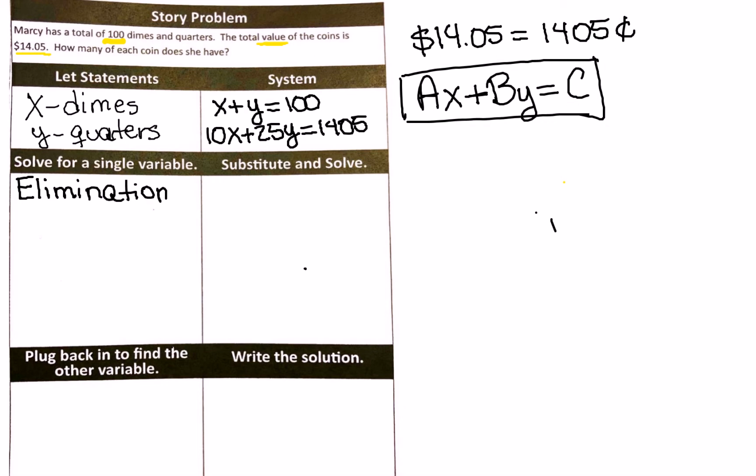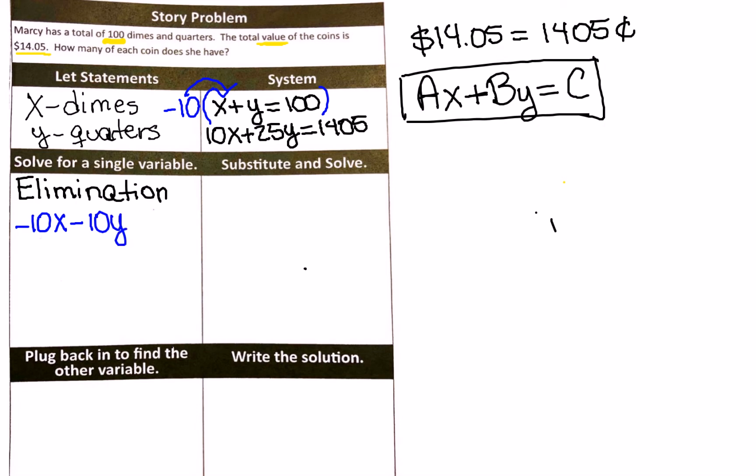If I multiply the first equation by -10, this x will become -10x, and when I add them up, they will cancel each other. So let me write my new equation here. 10 times x is -10x. -10 times positive y is -10y.